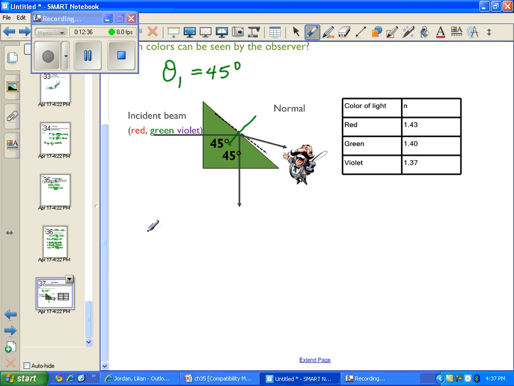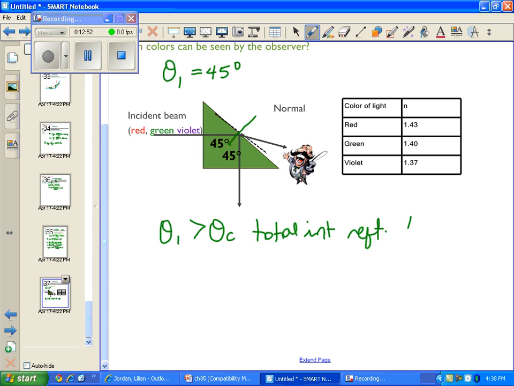and then ask ourselves, if theta 1, once again, is greater than the critical angle, then we say total internal reflection. What that means is that the man won't see these colors because he can only see the ones that are transmitted.